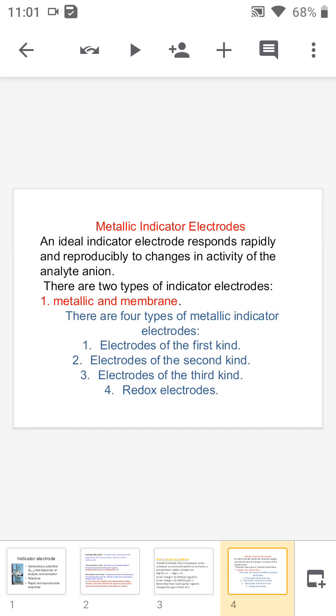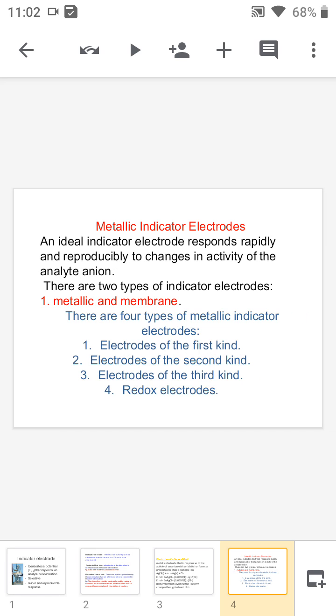So the next is the indicator electrode. We can use a metallic electrode as an indicator electrode. If we use a metallic indicator, we are directly measuring the concentration of that ion.